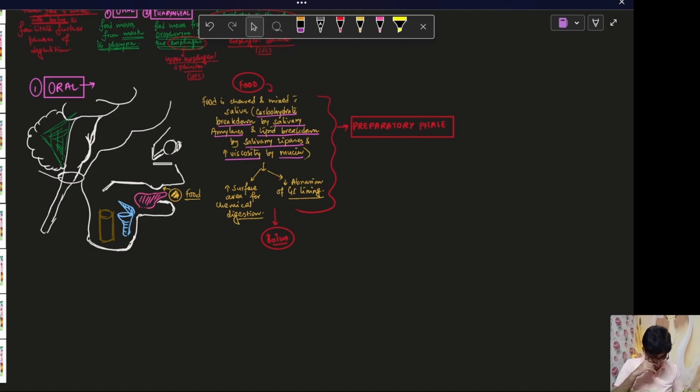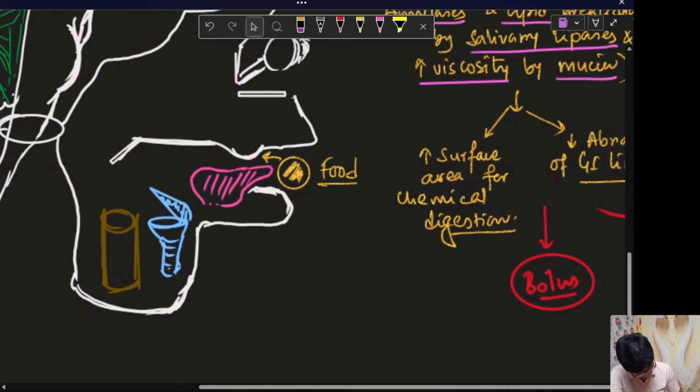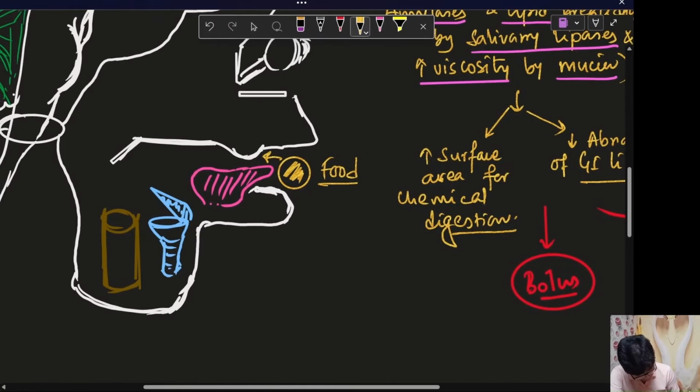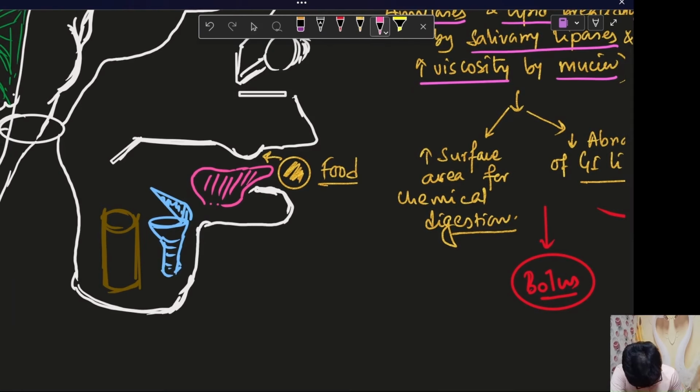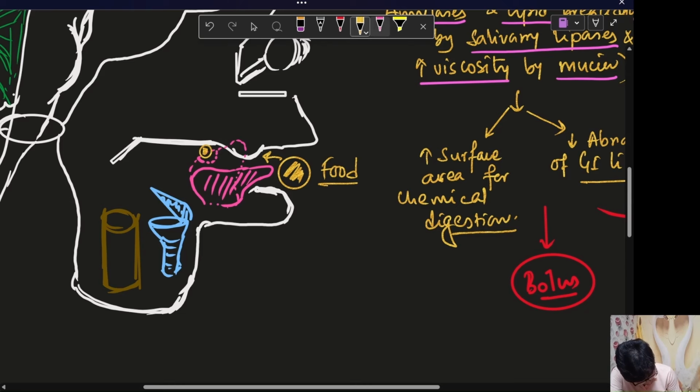Correct? So let us write it down. This food comes and the tongue is now holding the food particle within it in a furrow. So what happens?